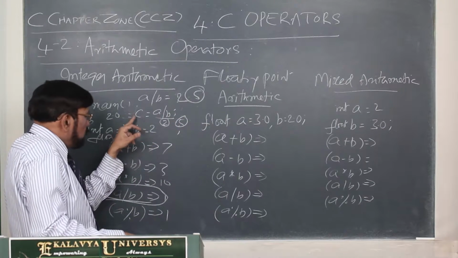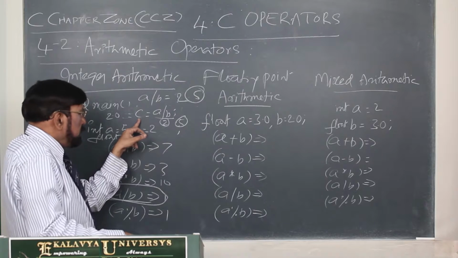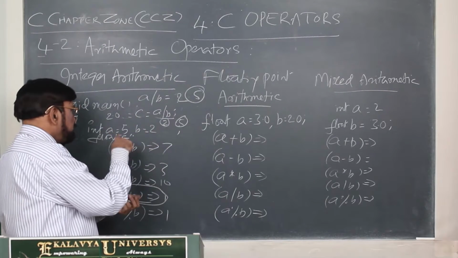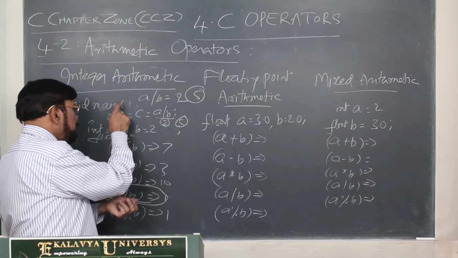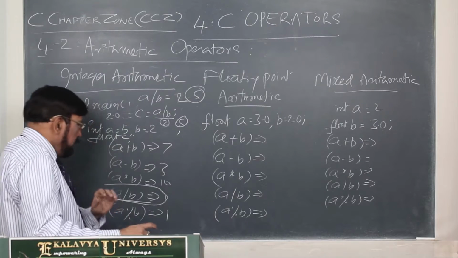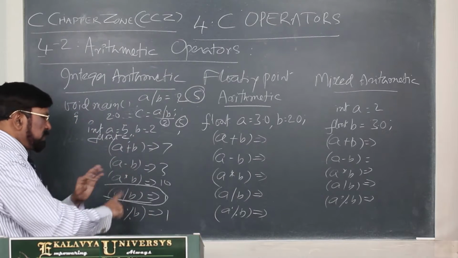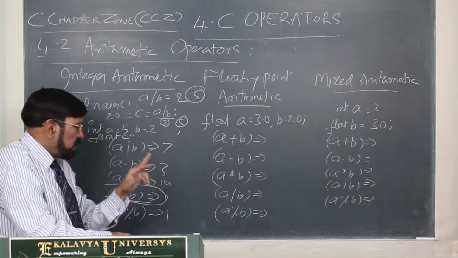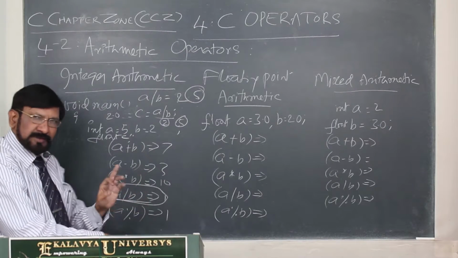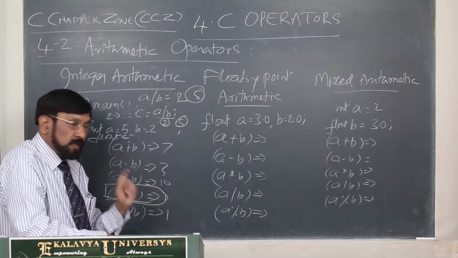If you want to store it in a floating point variable, then what is happening? The 2 is transformed into a floating point, you get 2.0. This is a very important point you must learn. And in the remaining operations, whether you know this principle or not, you can get the correct result. As far as division is concerned, you must have this knowledge.